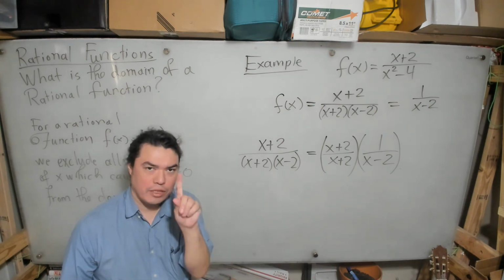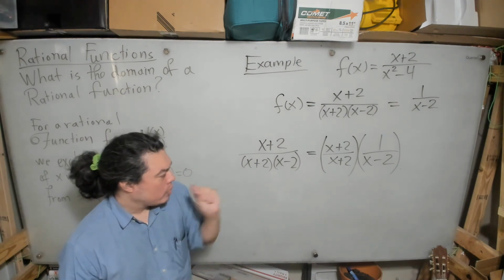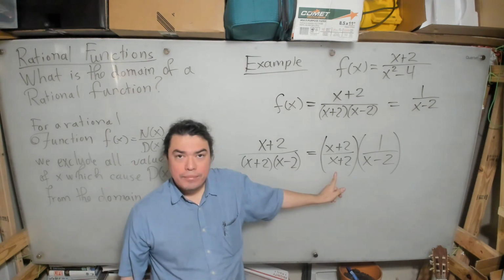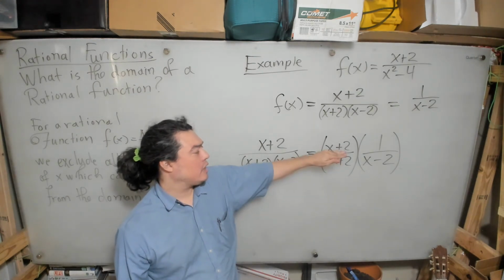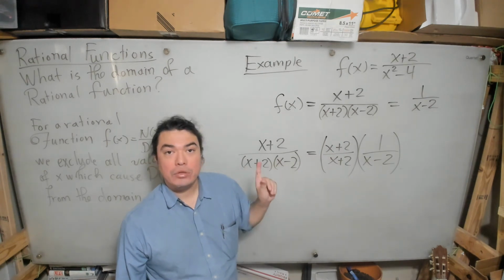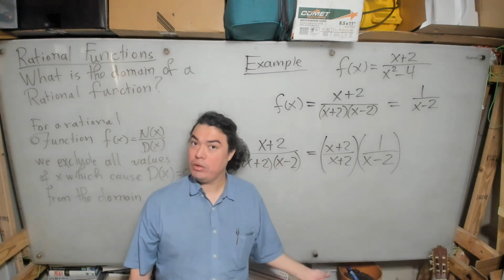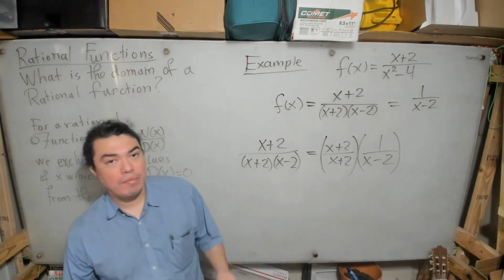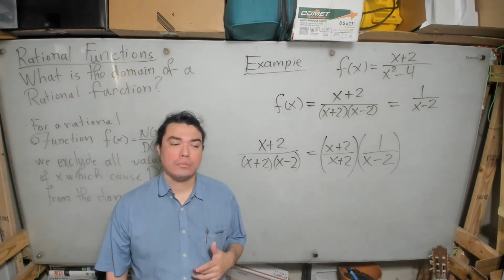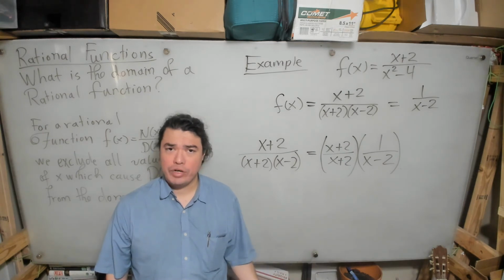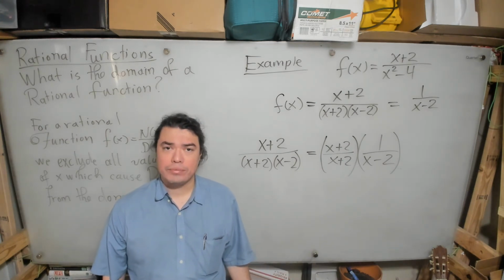But I want you to notice something here. What is this expression on the left? The expression on the left, namely (x plus 2) over (x plus 2), is a fraction whose numerator is equal to the denominator. And what does that mean? We remember when we were discussing fractions that any fraction with the same numerator and denominator equals 1.